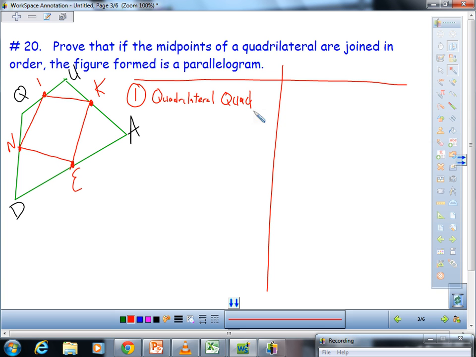Okay, what else are we given? Good. N, I, K, and E are midpoints. Is that it? All right.